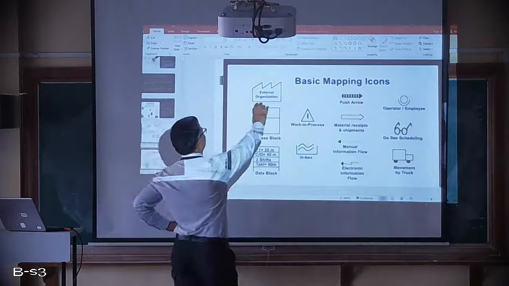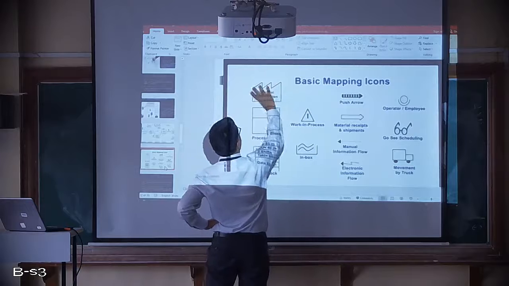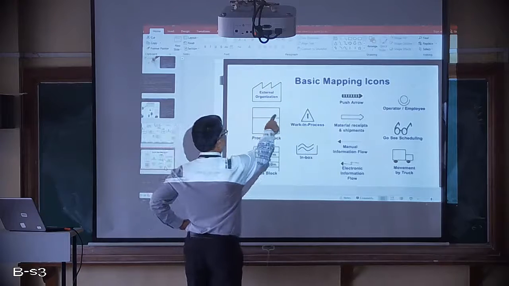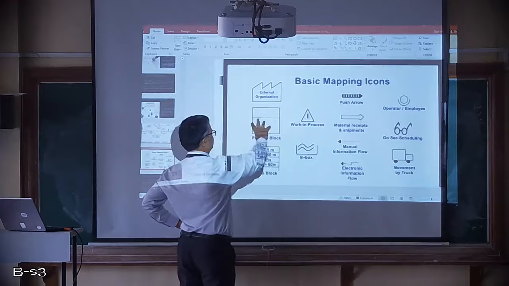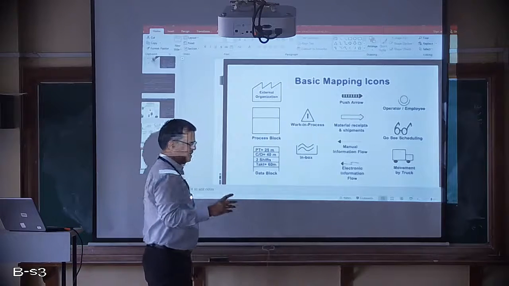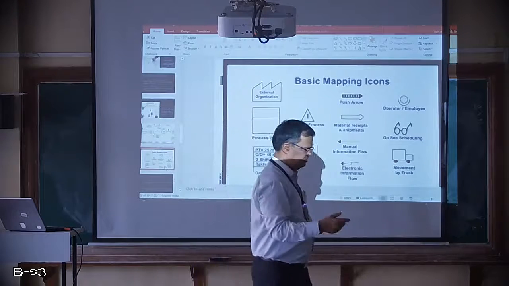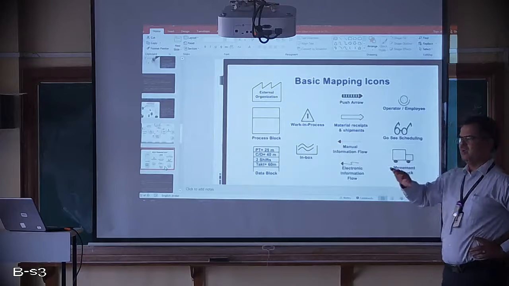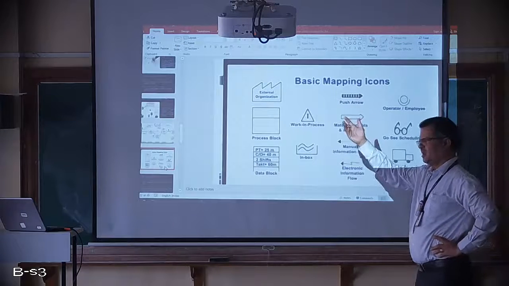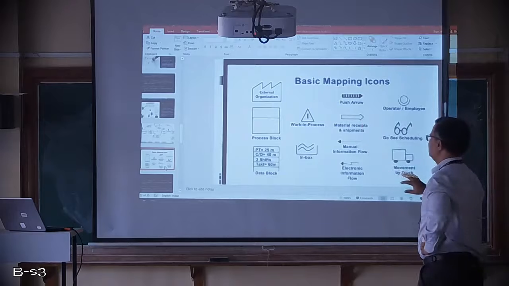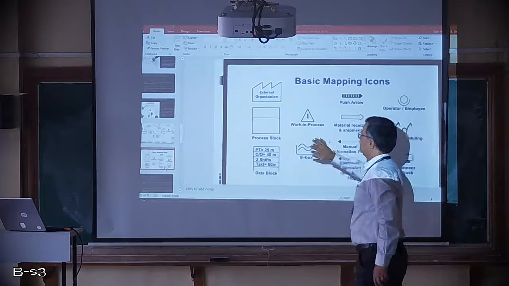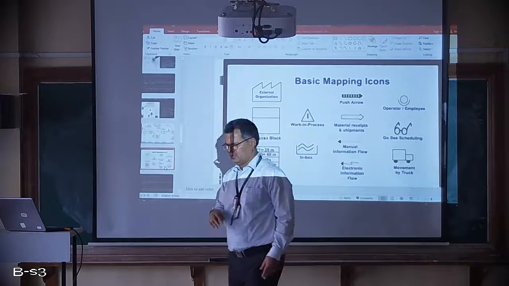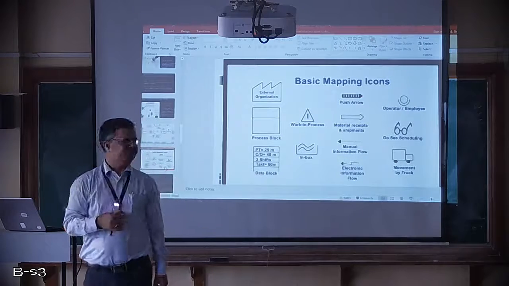Then the processing block, normally the first block: what happens is converting raw material into semi-finished product and so on. For example, crude oil transported from the harbor goes for some sort of processing. So these process blocks indicate what processing is going to take place at the next stage.